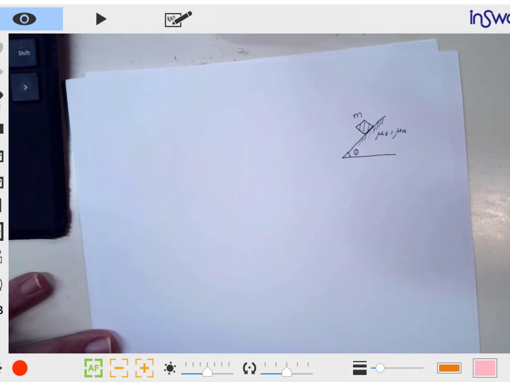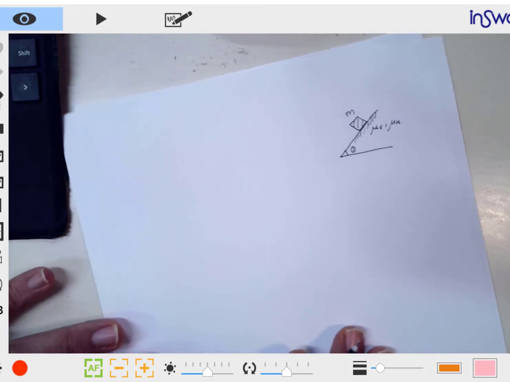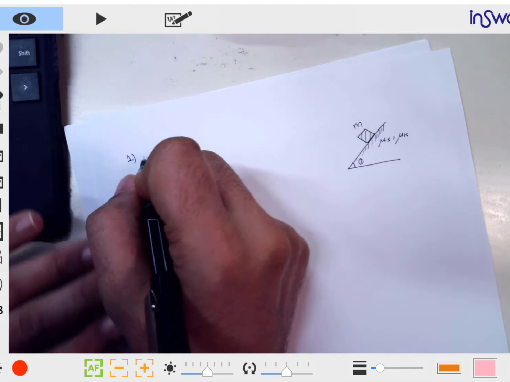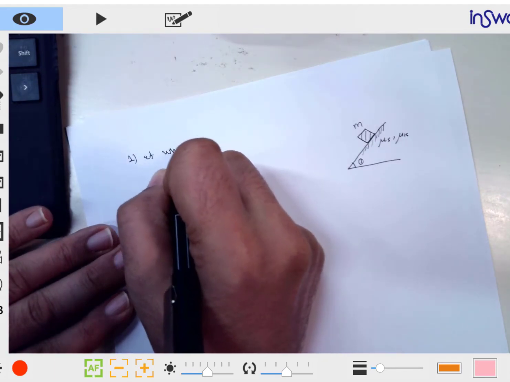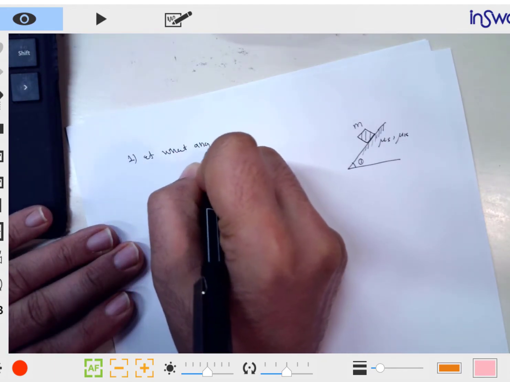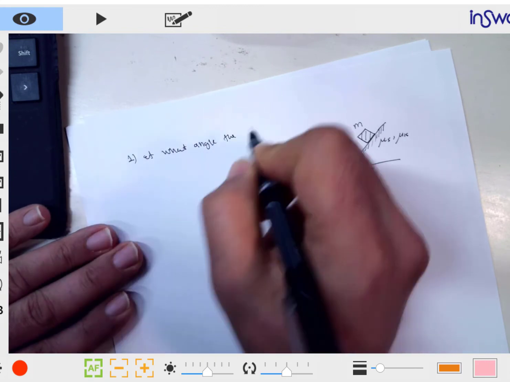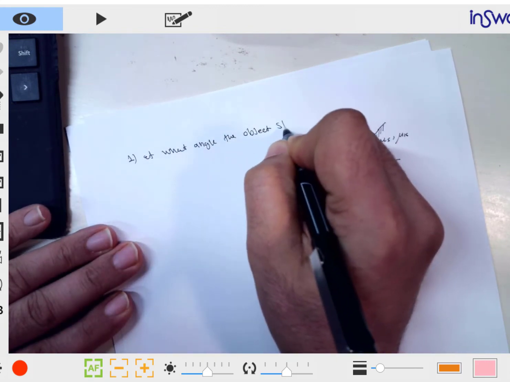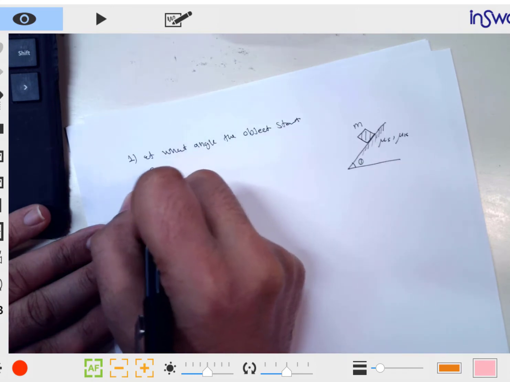Now the question is, first question, I mean, this problem has twofold. At what angle does the object start sliding downward?